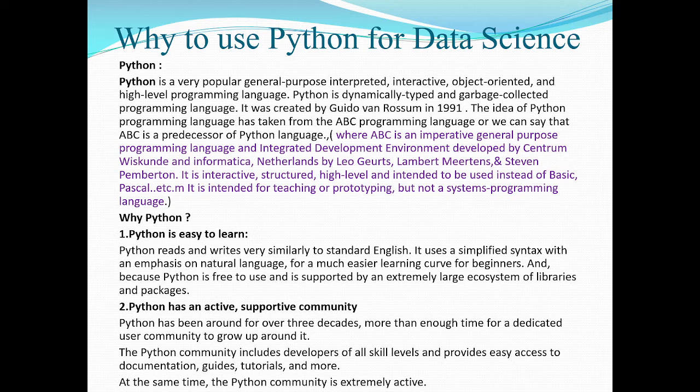That is the reason why we call Python a general purpose language, and it is also called an interpreted language. Why? Because for Python, we use an interpreter to translate the Python code into a machine understandable form.